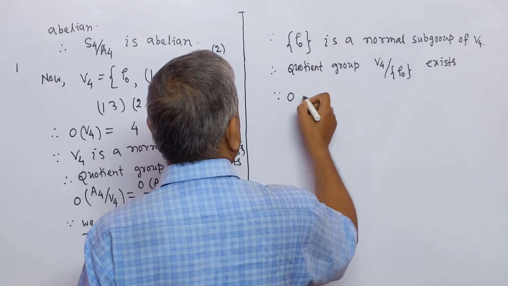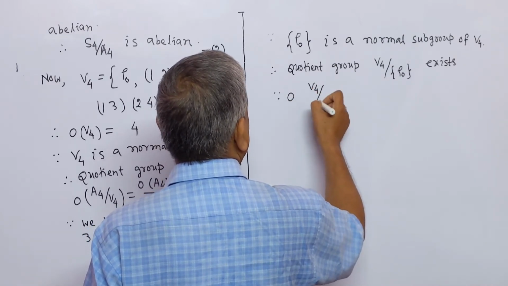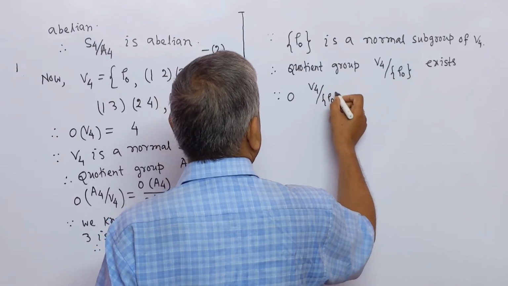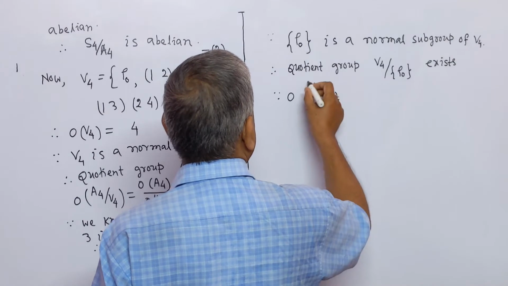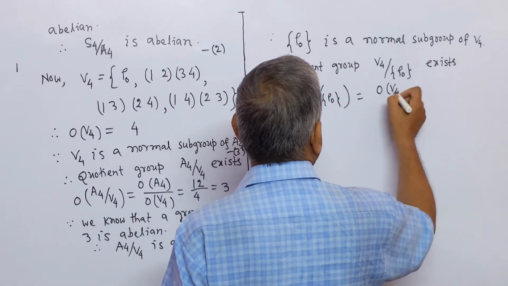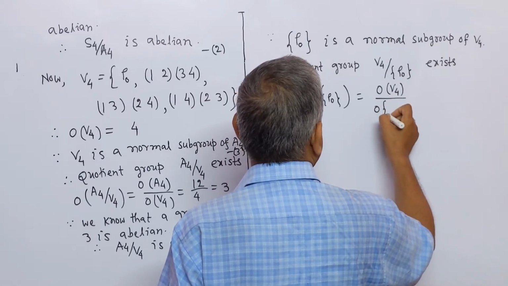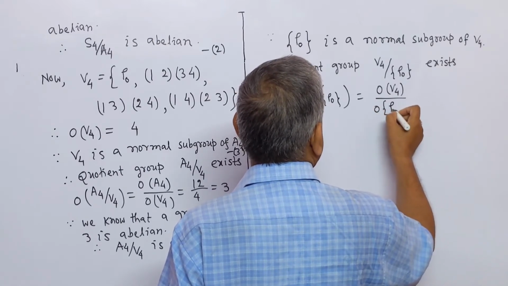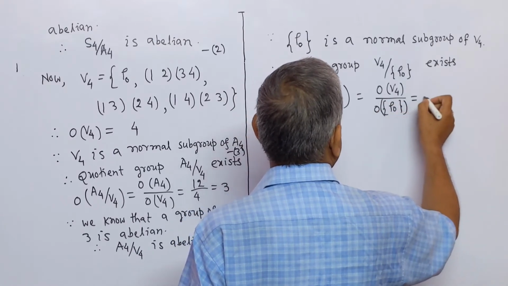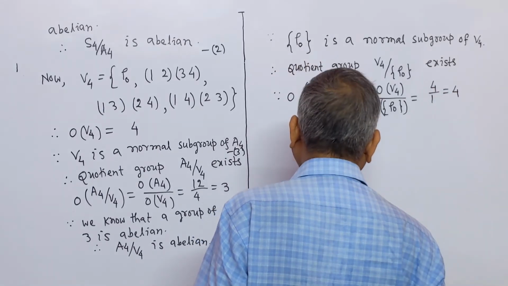Since the order of the quotient group V4 by the set containing the identity permutation equals the order of V4 by the order of the set containing the identity permutation, equal to 4 by 1, this is equal to 4.